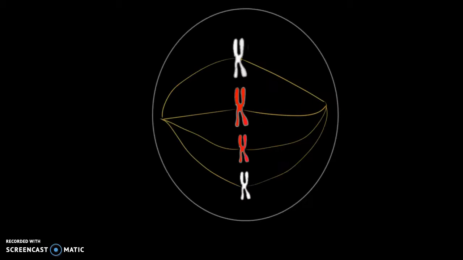Once all the chromosomes line up alongside its homologous pair, the next phase is metaphase. Where we see the nuclear envelope has broken down and all the chromosomes move toward the middle of the cell.